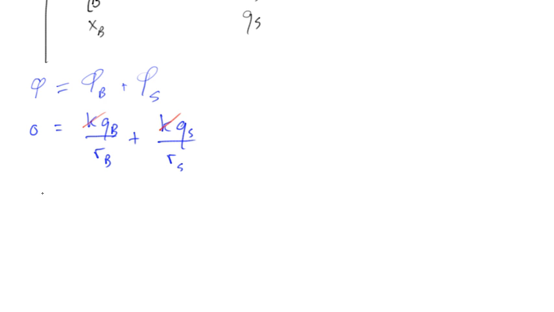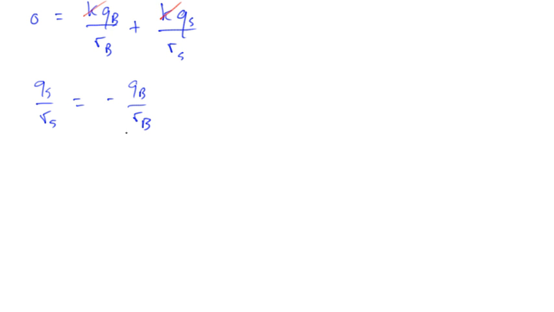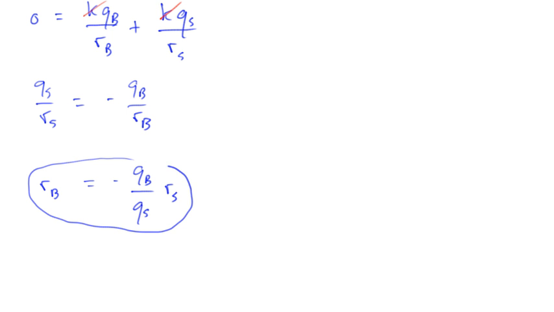Q sub S over R sub S is minus Q sub B over R sub B. So I just subtracted this from both sides and then switched sides. From that I can multiply both sides by RB, and at the same time multiply both sides by RS over QS. And I've got an expression for R sub B.